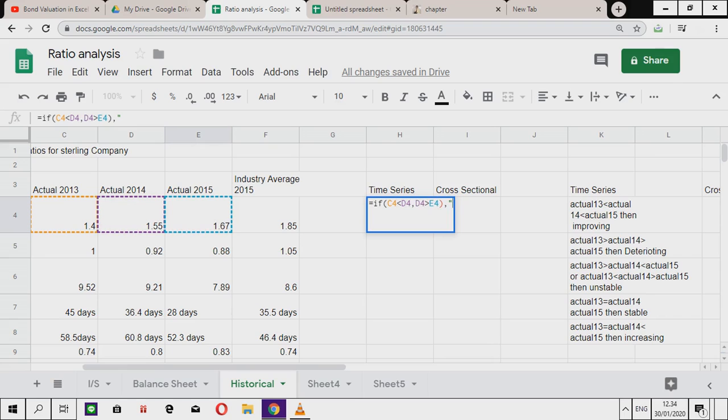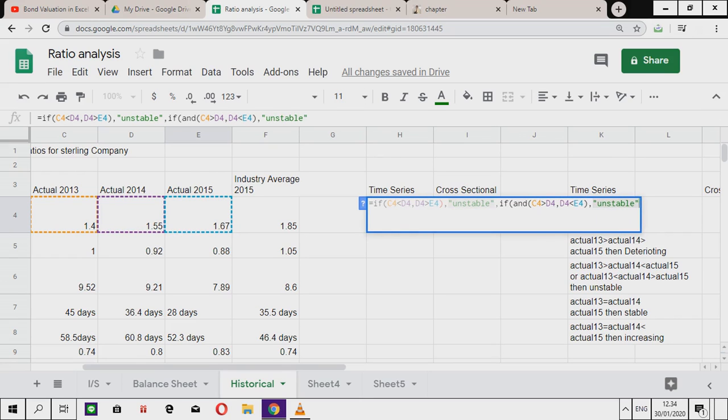This is where I made a mistake. I messed up, I'm sorry. For the next one, I won't make any mistake at all. Like this: IF, AND with bracket, you put C4 greater than D4, comma, D4 greater than E4. This is what you use for 3 columns.